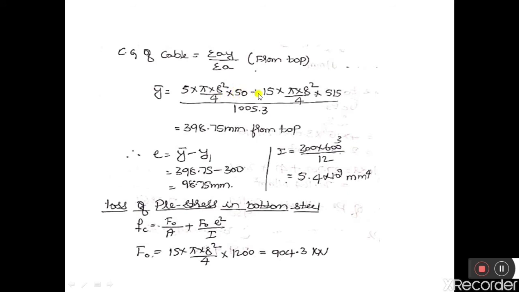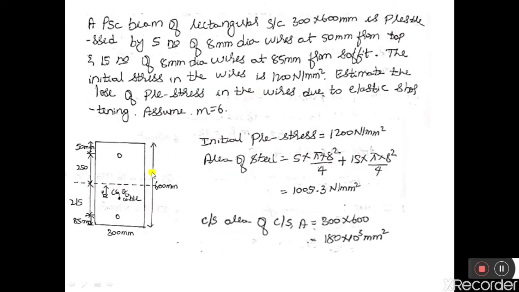So that is the cross section area of the top cable and its central distance with respect to the top fiber, plus coming to the bottom cable. The cross section area of this cable is equal to 50 into pi into 8 square by 4, and the centroidal distance of this cable with respect to the top fiber is, from here to here it is 50, 250, and from here to here it is 215.